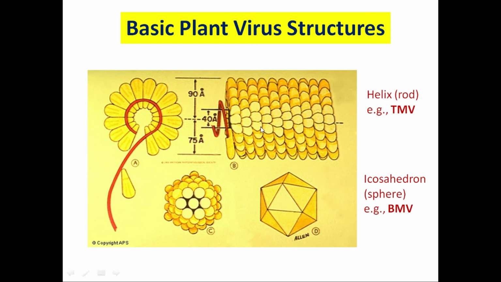See here, tobacco mosaic virus, which is rod shaped, and its nucleic acid molecule is inside the capsid in the inner core, and this nucleic acid molecule is helically arranged in interaction with the protein molecules. Similarly, in the icosahedron or spherical shaped plant viruses also, we have protein coats, and inside we have properly arranged nucleic acid molecule.